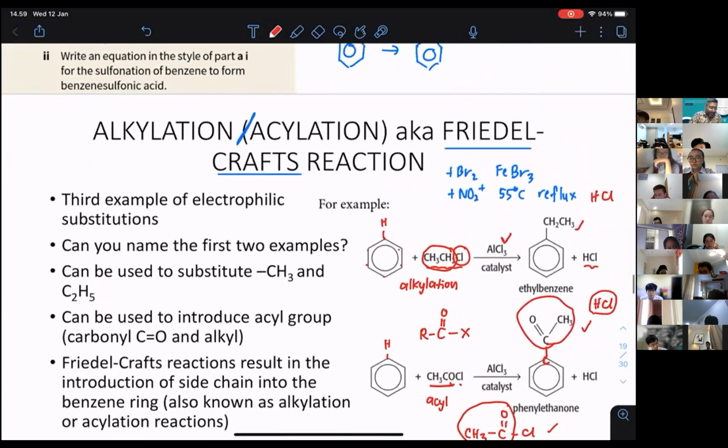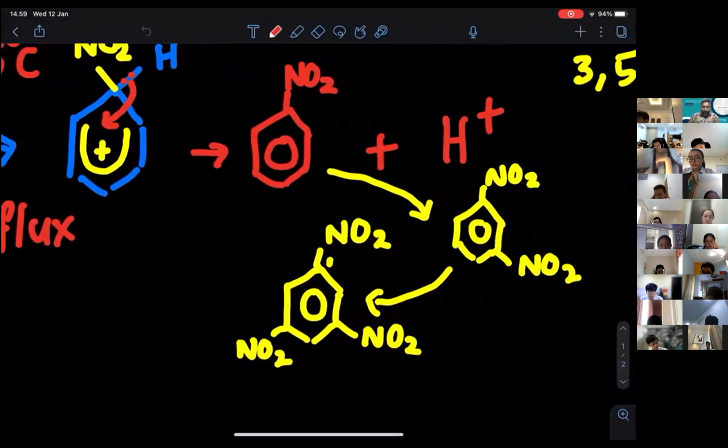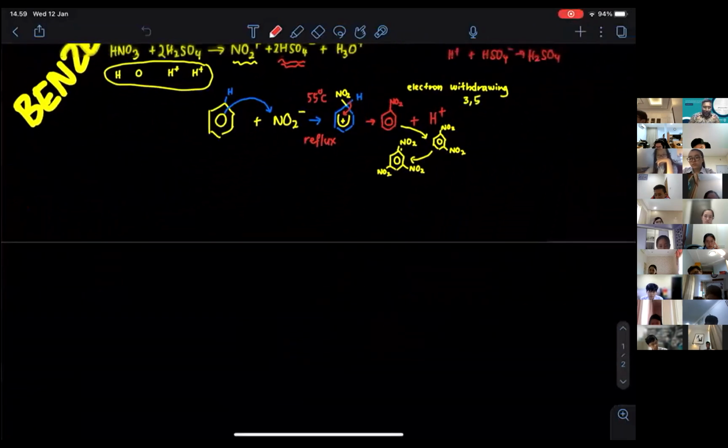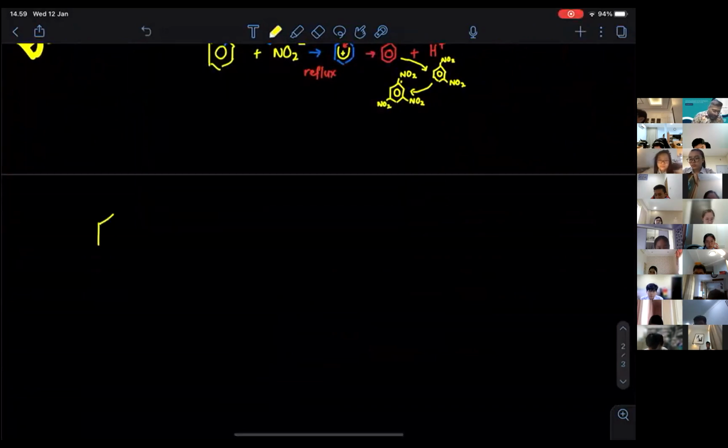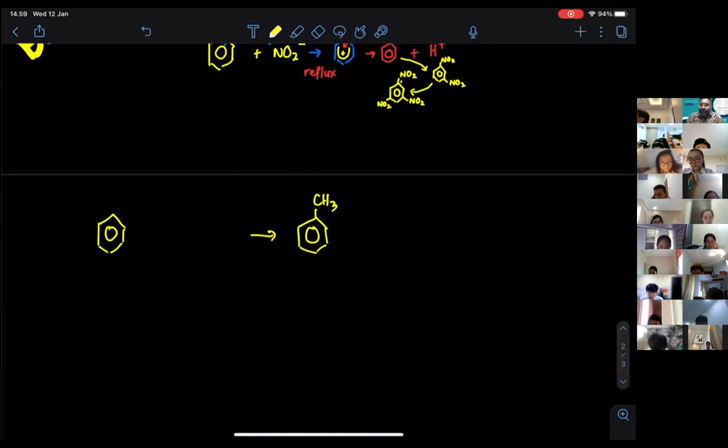Coming back to show you how I get, from benzene, methylbenzene. What should I do? You just need to react with CH3 and a halogen, Cl, so you just need CH3Cl.